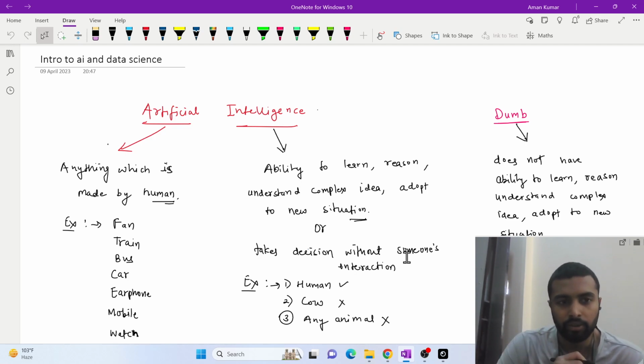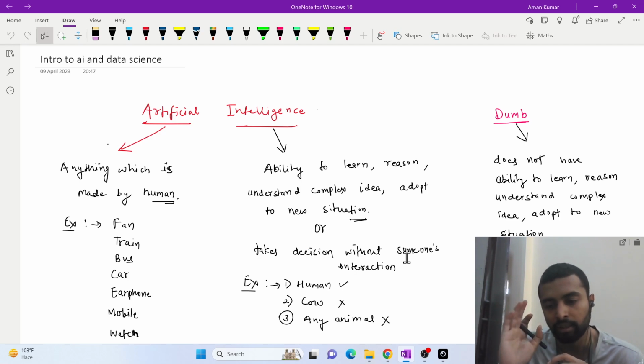Let me tell you that my way of explaining any concept is totally different. Whatever concept I am learning or trying to explain, I just focus on the words of that concept. Right now, we are learning artificial intelligence.